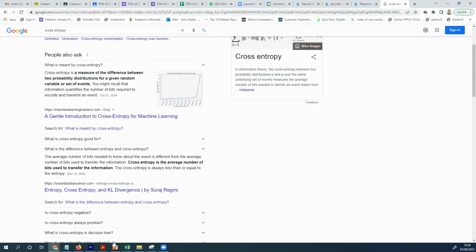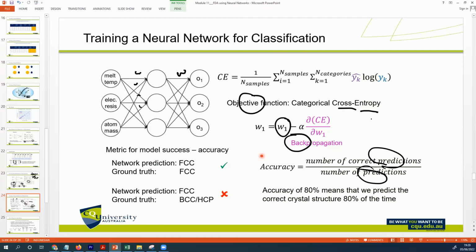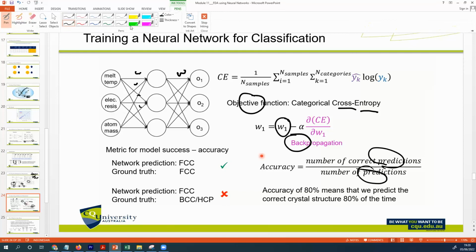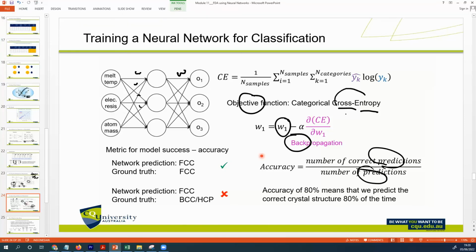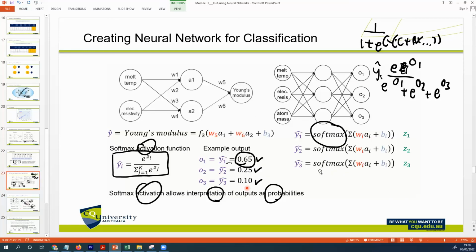It is one of the critical points in neural network classification. So in neural network classification, there is cross entropy, backpropagation, and then softmax.